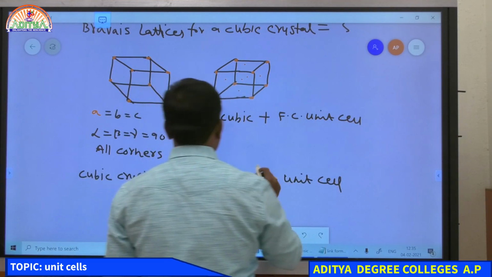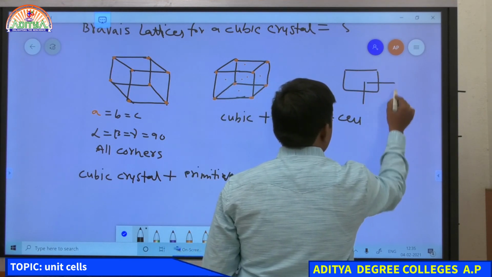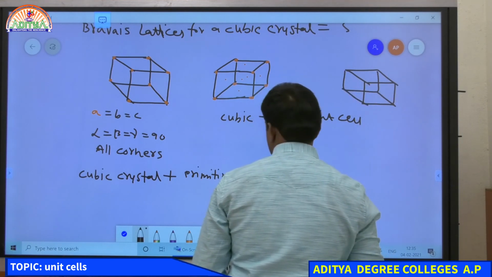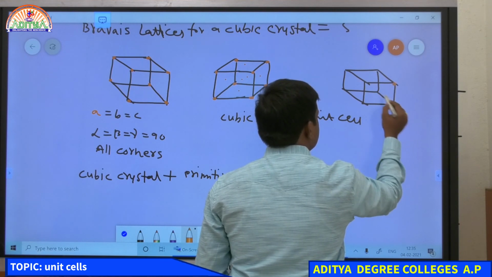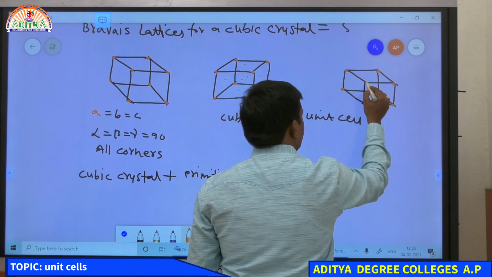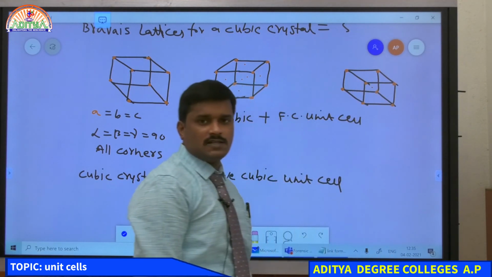Similarly, for the third one, in this unit cell the points are arranged at all corners. Also, one point is present at the center of the crystal.